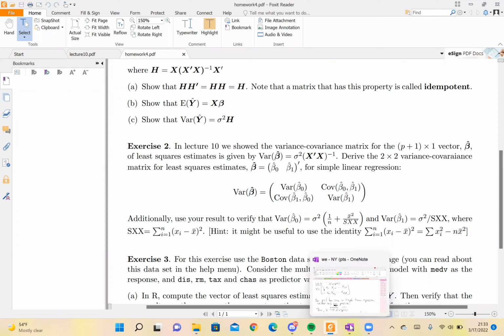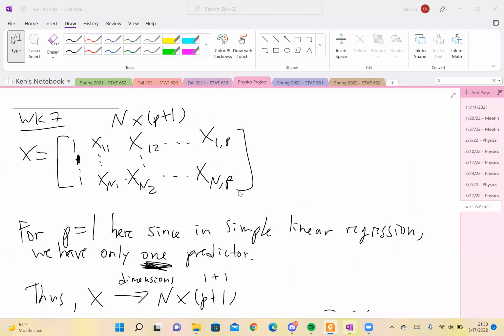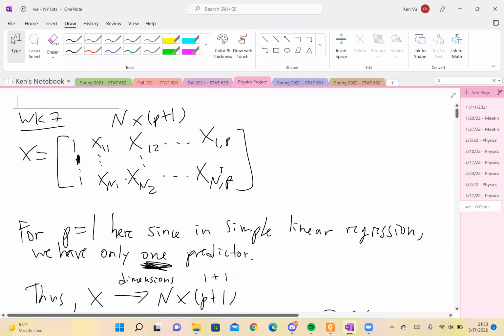Let's get started. For that problem, you want to recall from the week 7 lecture that the definition of the X matrix, for a regression in general, has a row of 1, x11, x12, all the way to x1p, with p referring to the number of predictors in your model.